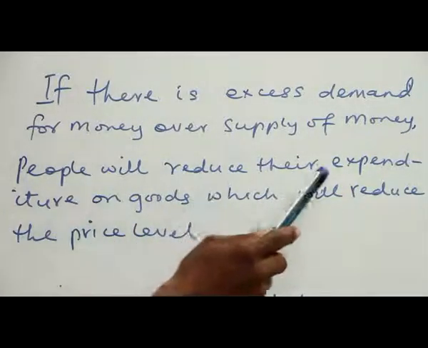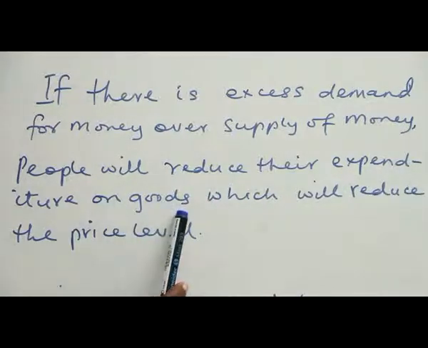People will reduce their expenditure on goods, which will reduce the price level. Because we've said demand and supply are not at equilibrium, but a situation where demand for money is more than supply of money, people will reduce their expenditure. As the total expenditure is reducing, automatically there will be a reduction in the price level.